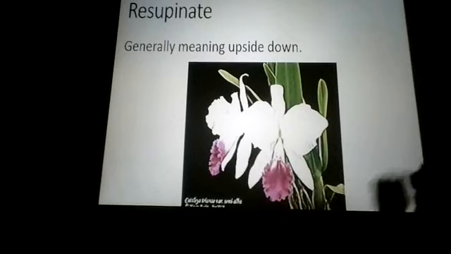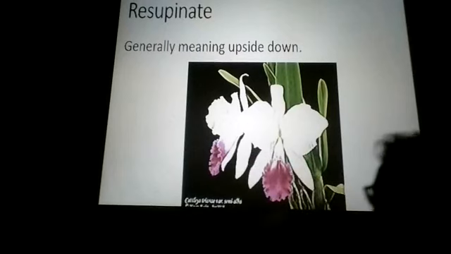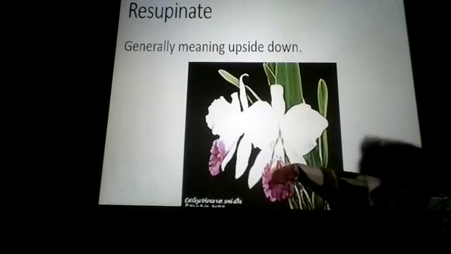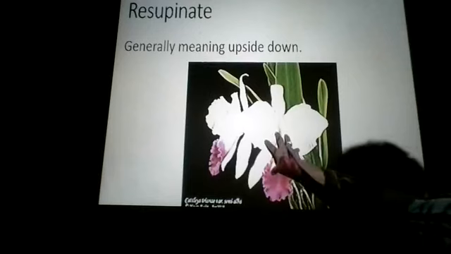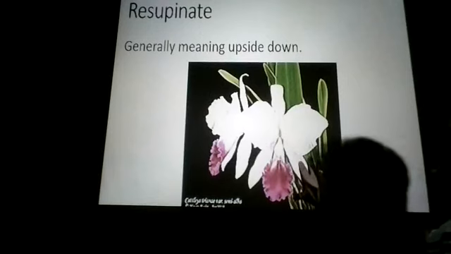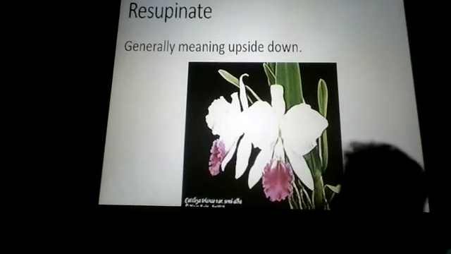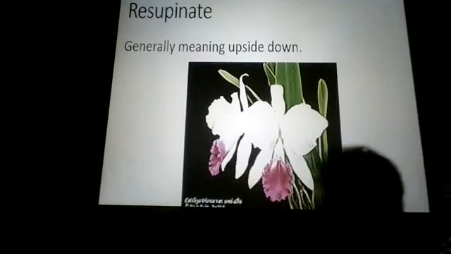So that's what resupinate means. Since we're used to seeing this as down, we tend to think this is the right way, but they're really upside down. So this flower is upside down, technically, but it looks right side up.